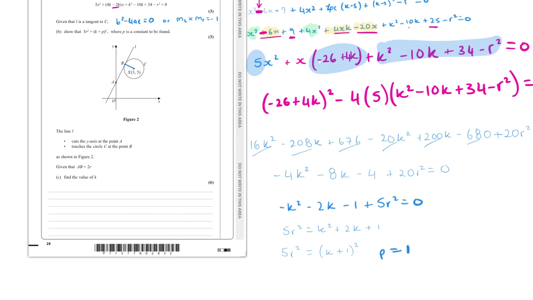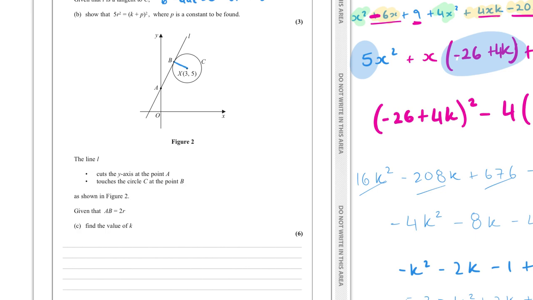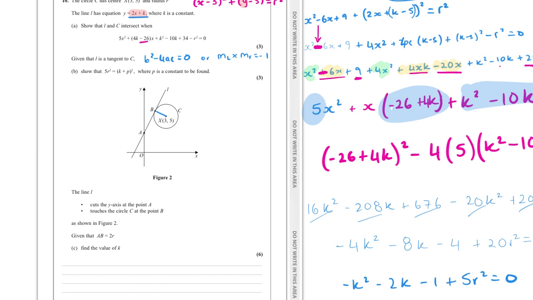Okay. Next part of the question. The line cuts the y-axis at the point A. Okay. So the line, remember, is 2x plus k. So technically, A is (0, k). Yeah?